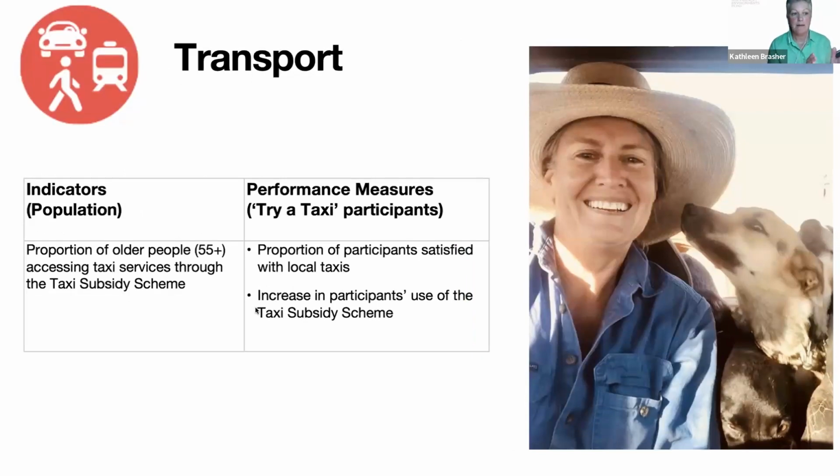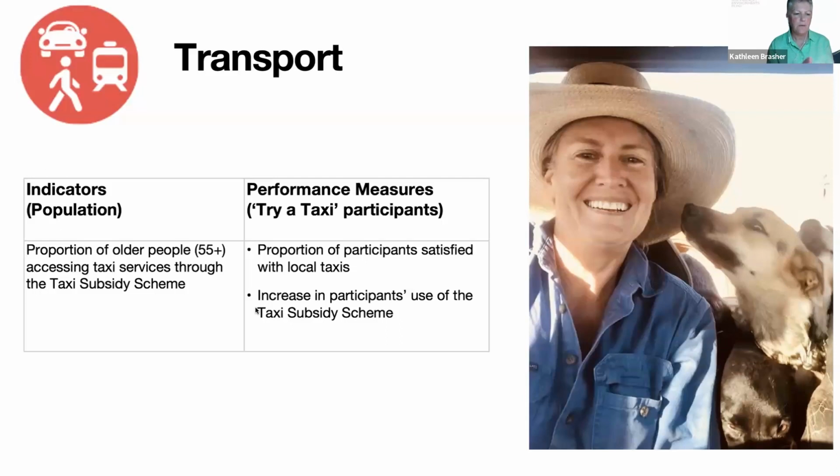So I want to come back to our transport example. You can see that our indicator is aimed at measuring and evaluating our progress at the population level. And so we've developed performance measures that are very specifically targeted at a program that we implemented called the Try a Taxi program. Our performance measures are just targeting those participants who took part in that study.